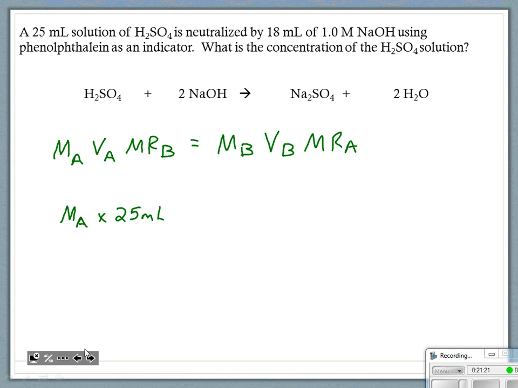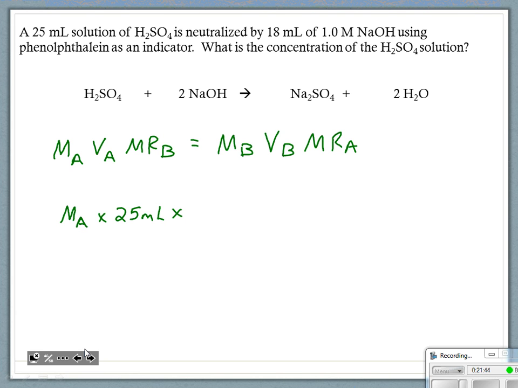The one that I just gave you in red and blue is what this is. Now, here is the part that you don't know. MRB. I look at my balanced equation and I find the base. Which one is the base? NaOH. What is the coefficient with NaOH? 2.